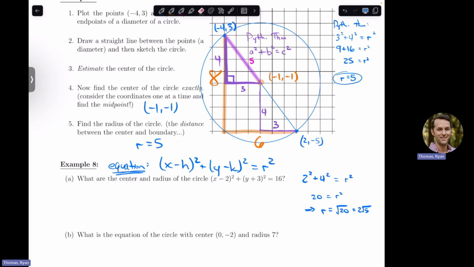So if x and y are the coordinates of all these points on the circle, the thing that stays fixed is that radius. Anywhere I was, I could draw a triangle, and even if the legs aren't nice round numbers like they were here, the thing they would still have in common is that when I square them and add them together, I still get the square of the radius, because that hypotenuse doesn't change. So the way you handle this is that these are the variable parts.